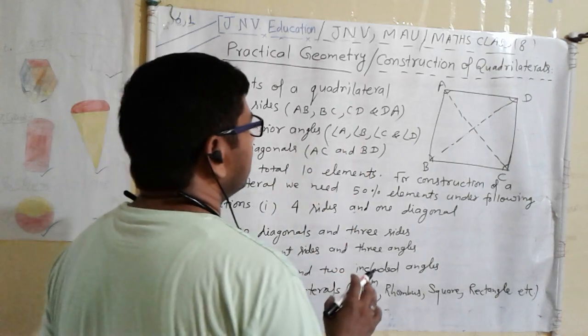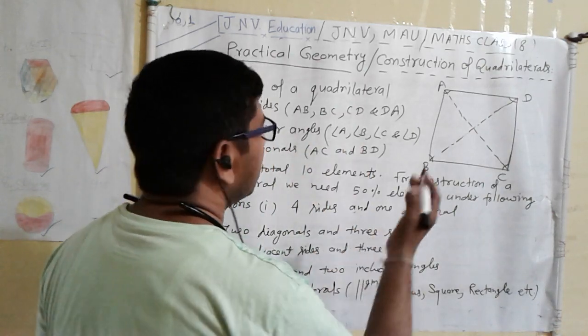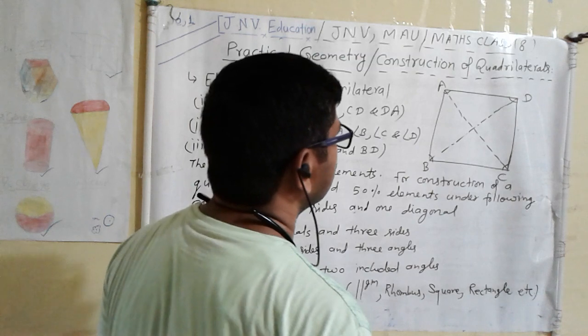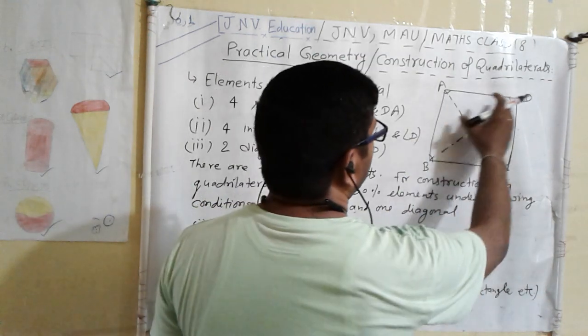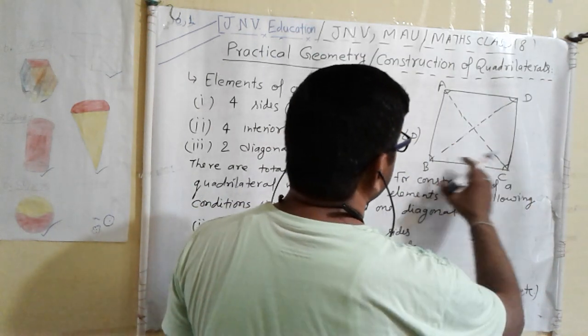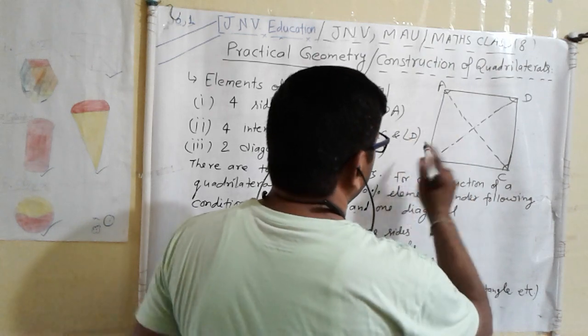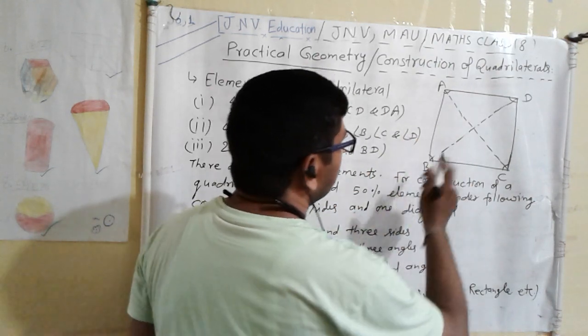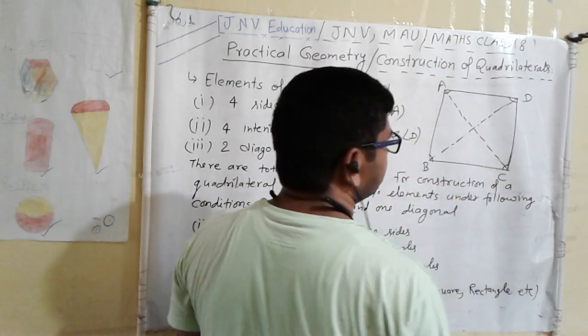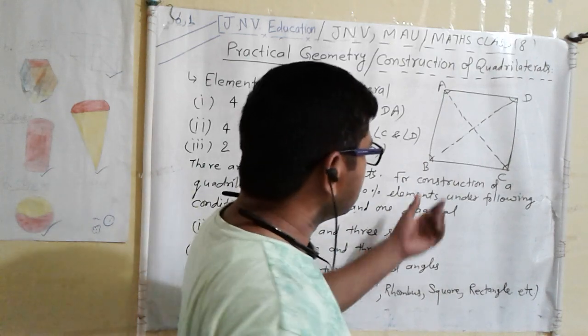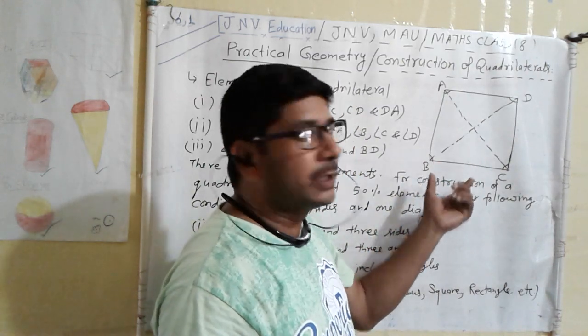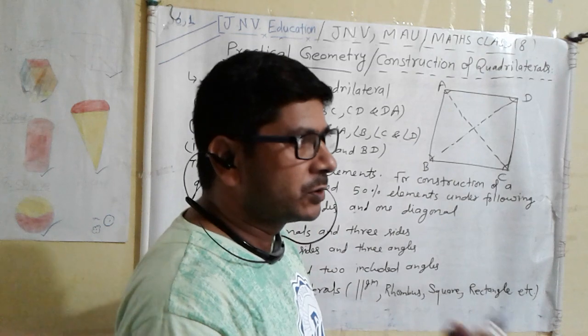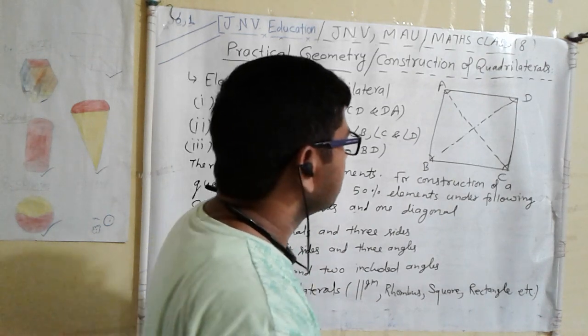First of all, we should know the elements of quadrilateral. So you can see I sketched one quadrilateral ABCD, and it is also needed as a rough diagram according to your given questions.